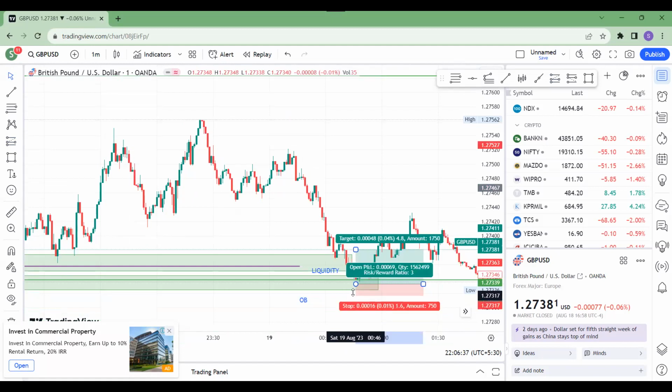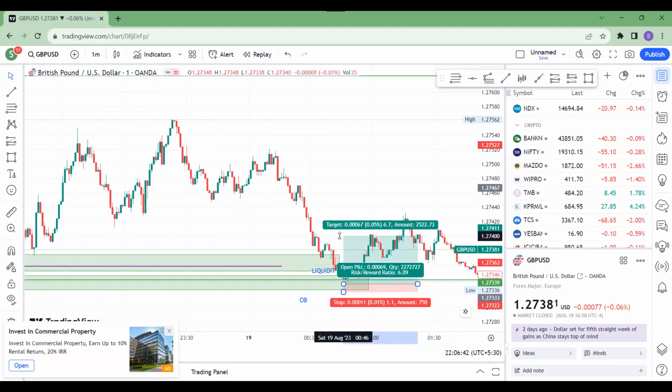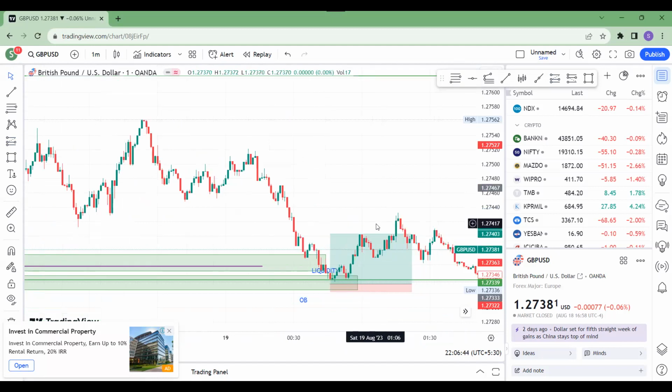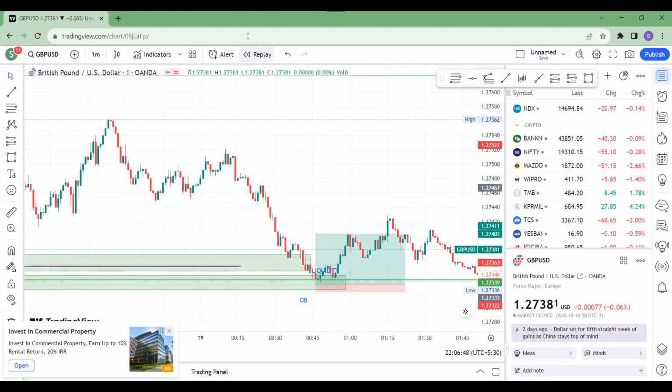The stop loss must be below this level, and your profit target must be above this range, like 3 pips. You will get a higher winning ratio. So don't place a trade immediately here; just wait and then take the trade. Your profit will be here, and you will get a good profit.